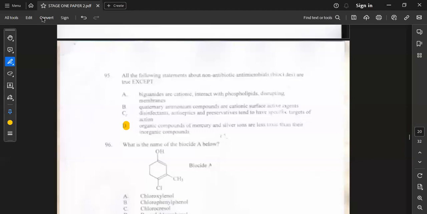Surface active agents: anyone with something on surface active agents? Where they are usually used, anything you know on surfactants.